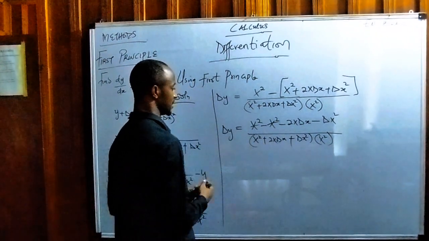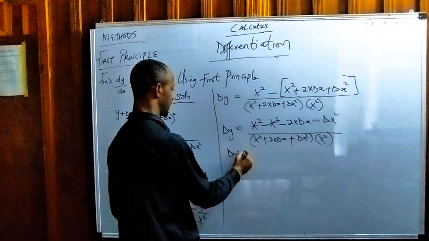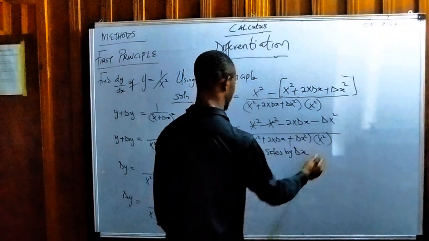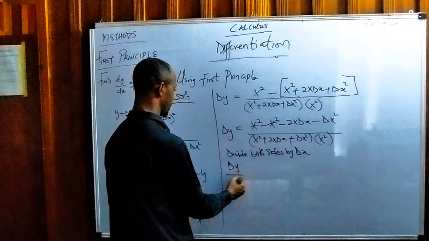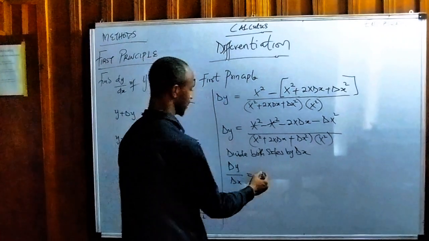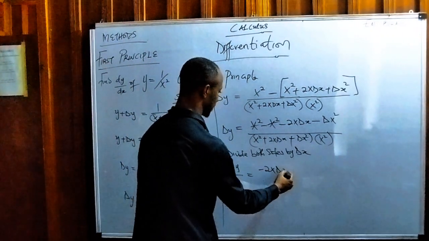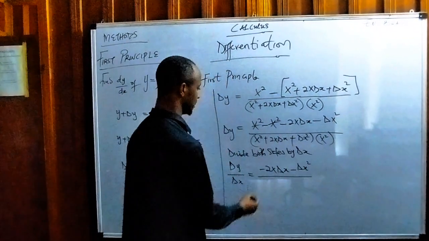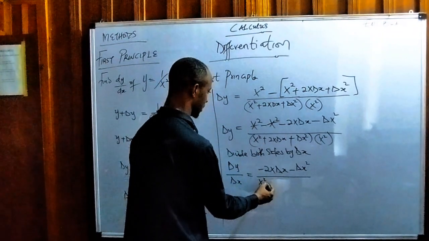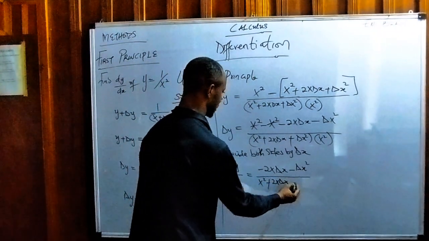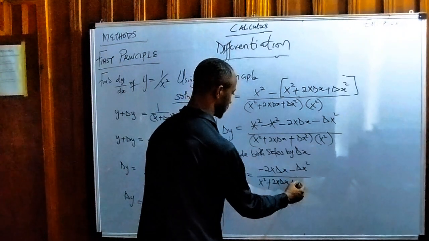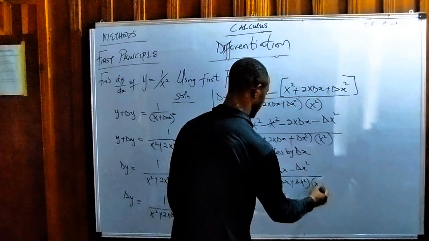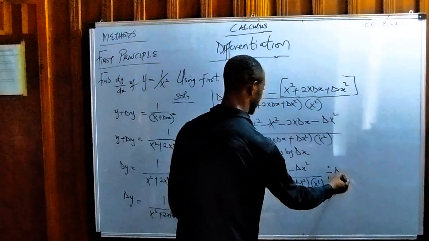Then I will say divide both sides by delta x. So we are going to have delta y over delta x equals minus 2s delta x minus delta s squared, divided by the numerator s squared plus 2s delta x plus delta s squared, all multiplied by s squared, then divided by delta x.